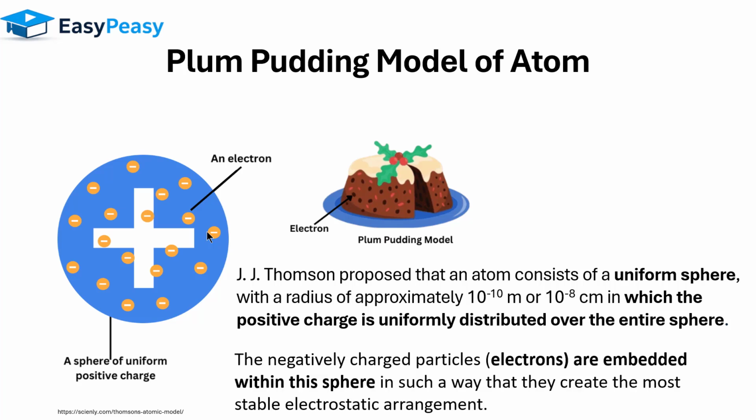And the electrons are the negative particles that are embedded, just like in a plum pudding, within the sphere in such a way that they create a stable electrostatic arrangement, because atoms don't have any charge and electrons have negative charge. At that time, the protons were not discovered, so they were just thinking that it's a ball of positive charge in which the electrons are embedded.